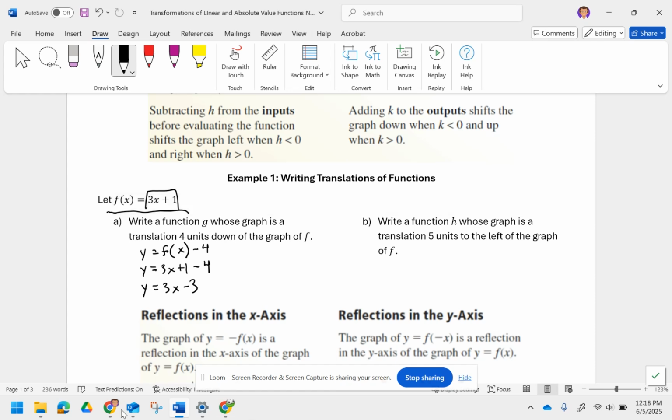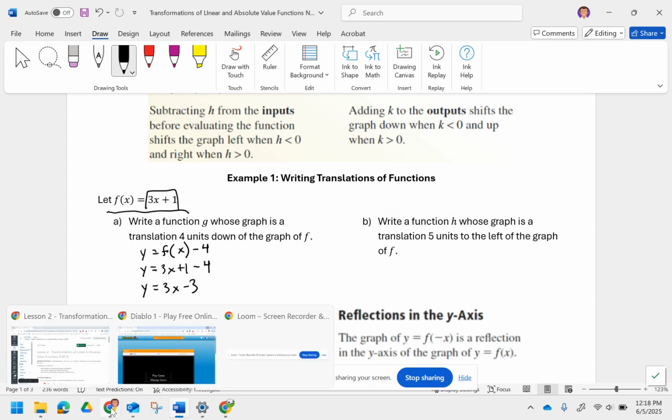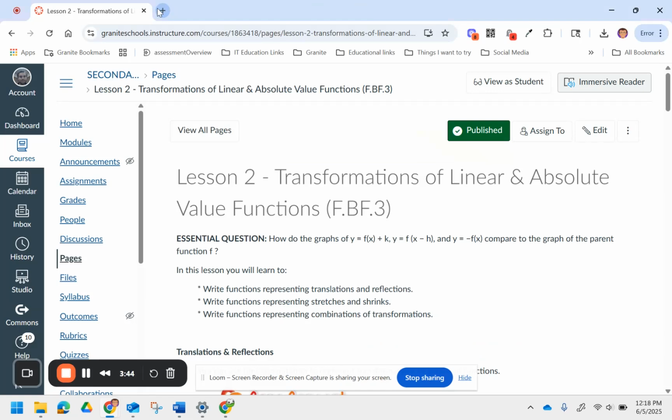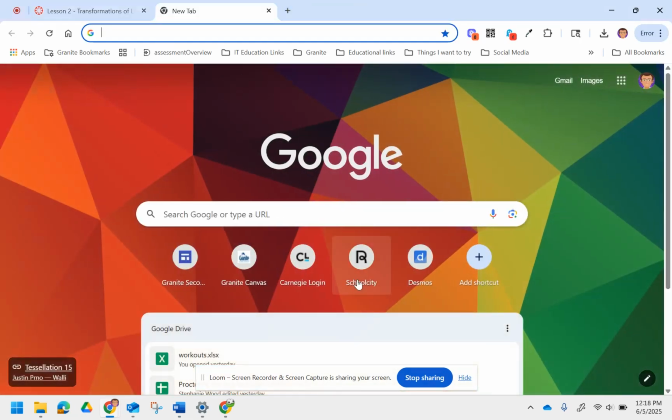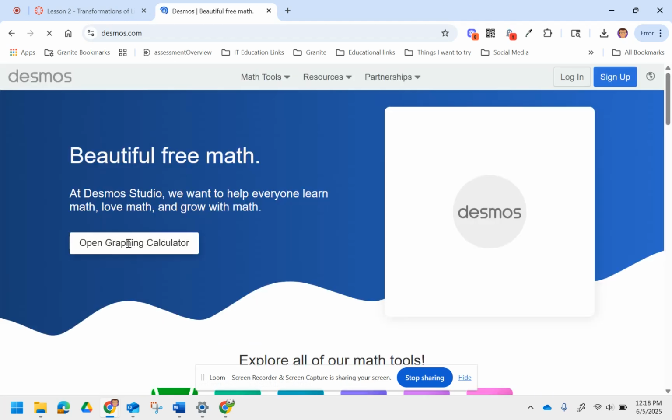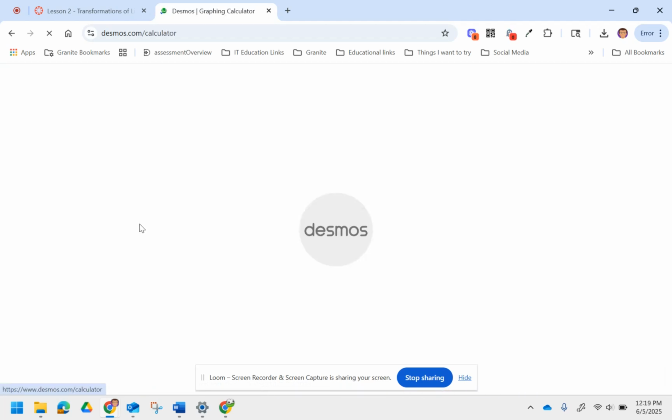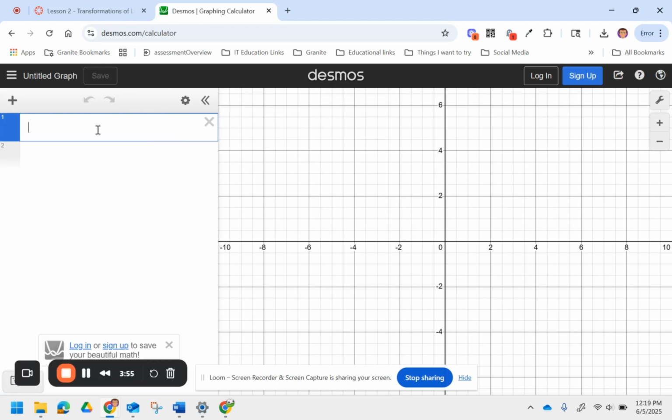All right, let's quickly take a look at what that looks like graphically to make sure that that worked. So I'm going to pop over here to Desmos, and let's go ahead and create our 3x plus 1.